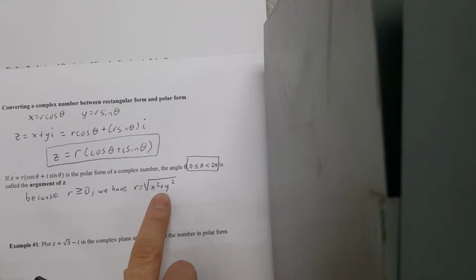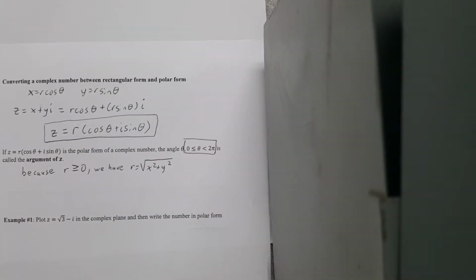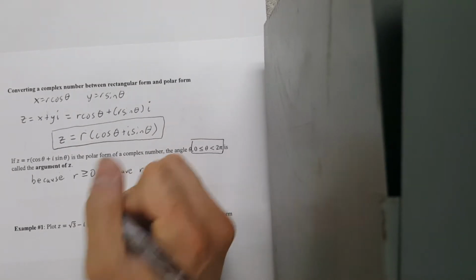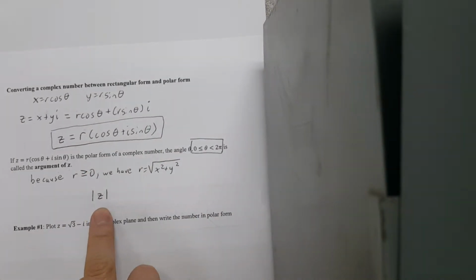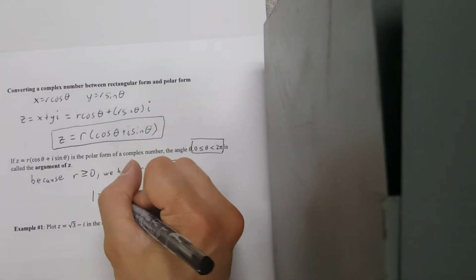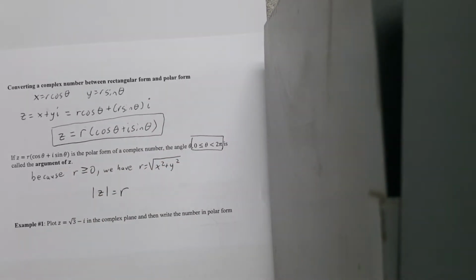If r is equal to this, and we talked about in the very beginning that that's the same thing as the magnitude of z, the magnitude of z, which is the distance from the origin to the complex number, is the same thing as r, which is the distance in polar coordinates.